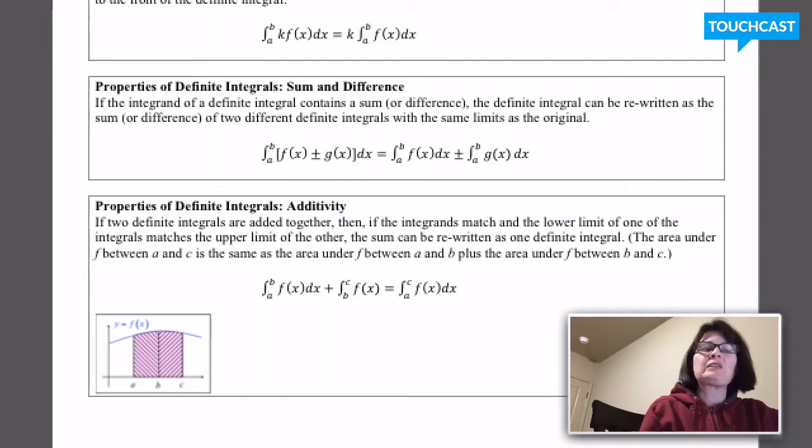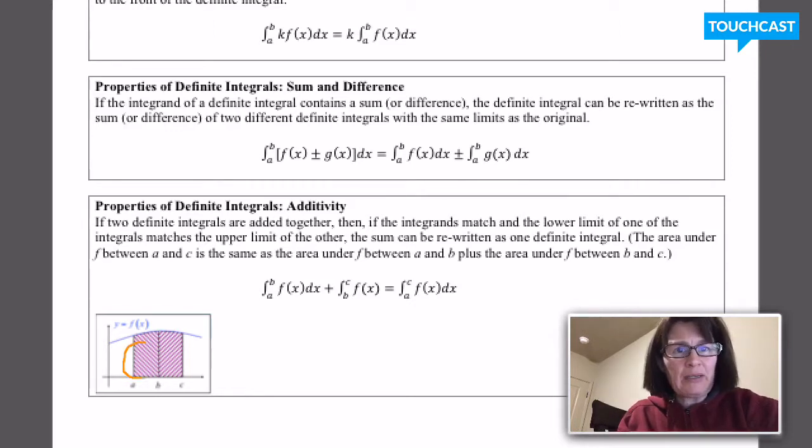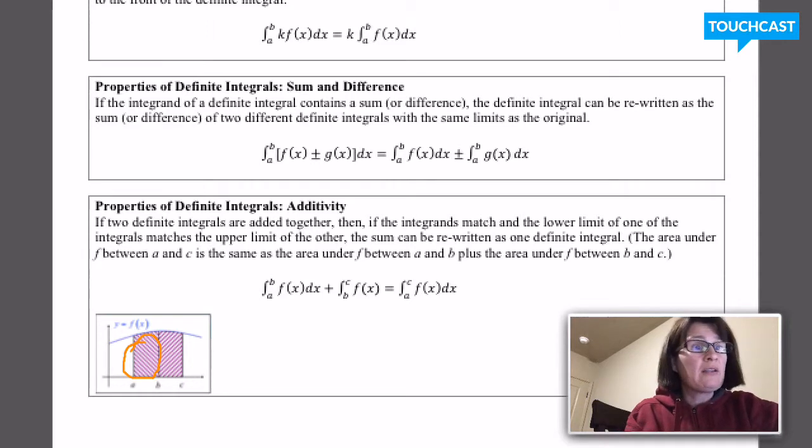And then one more property, it's called additivity, and this picture can help. If I want to take the integral, so the area under the curve from a to b, and add it to the area under the curve f from b to c, we'll look at the picture. The area under the curve from a to b is this section here. The area under the curve from b to c is this section here.